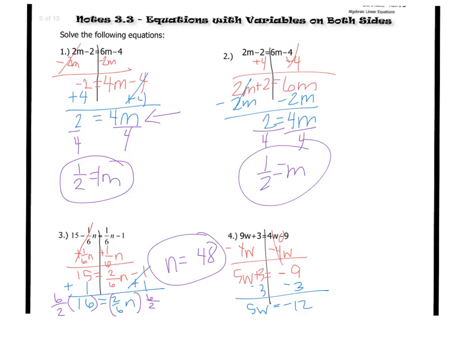And the last step, because it's 5w, that means 5 times w. You do the opposite, so we divide. So w equals negative 12 over 5. We cannot reduce the 12 and 5, so it stays 12 over 5, and we keep it improper. So w equals negative 12 over 5.